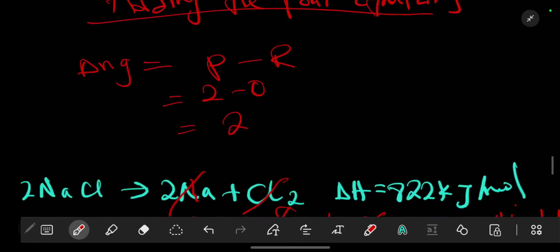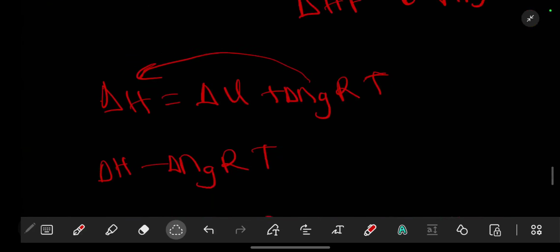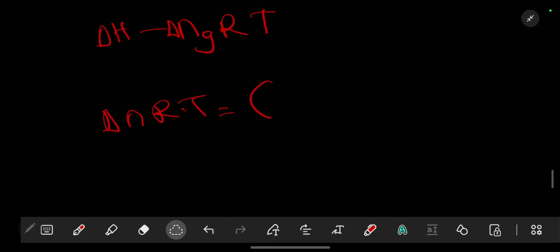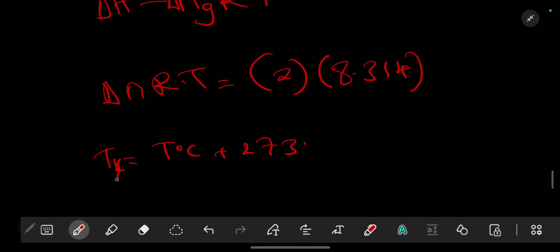Then for R, for this type of problem, you shall use 8.314. Then the temperature should be in kelvins. So the temperature in kelvins is equal to the temperature in degrees Celsius plus 273. Just remember that K is higher in the alphabet, so you need to add.